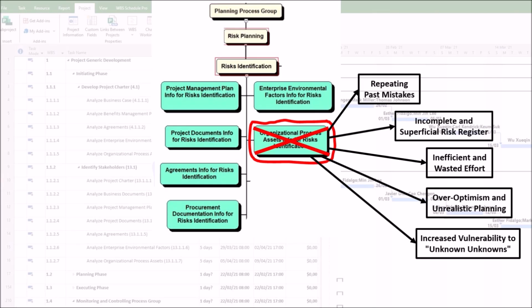5. Increased vulnerability to unknown unknowns. A key goal of risk management is to turn unknown unknowns into known unknowns. Organizational process assets are the primary tool for this. The damage here is that the project remains exposed to risks the team doesn't even know to look for.